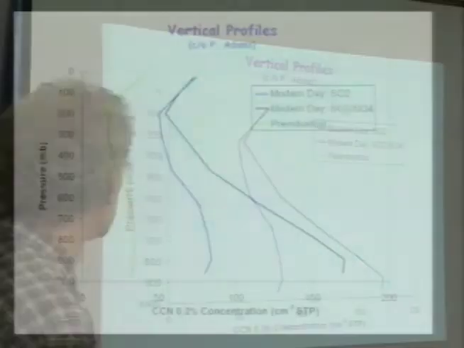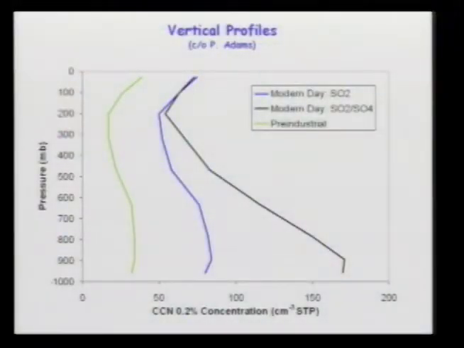And what Peter is showing here is the vertical profile of the resulting sulfate aerosols. The green line is sort of the background sulfate aerosol distribution. The black line is the profile that one would get if you inject all of the SO2 or the sulfur as a gas.